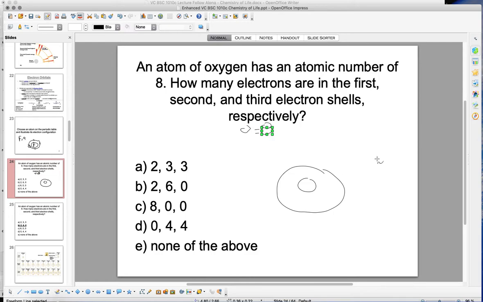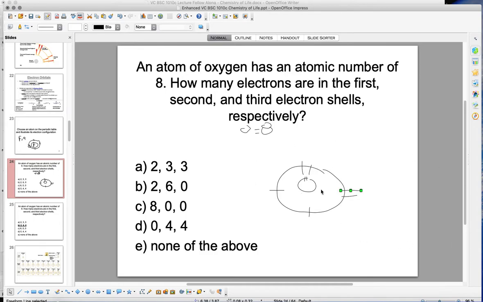So it has 2 in the first shell, 2, 3, 4, 5, 6, 7, 8.